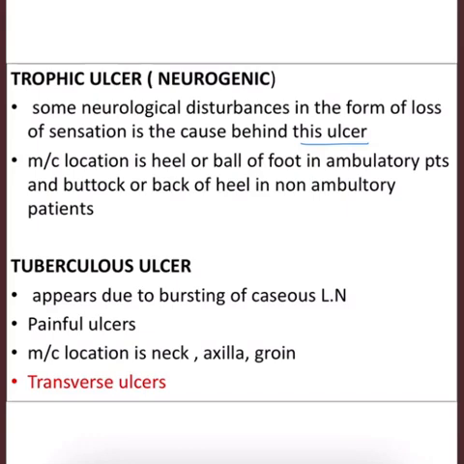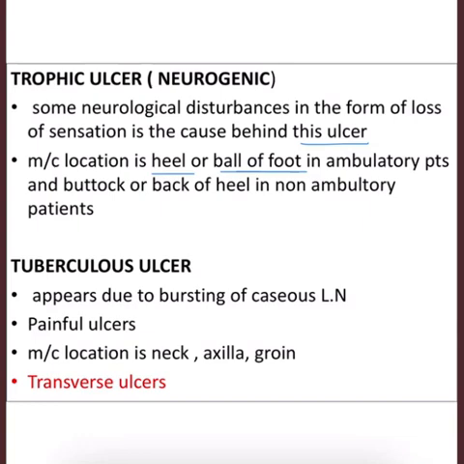Mostly seen in pressure areas like the heel and the ball of the great toe in ambulatory patients. In non-ambulatory patients, who are completely lying down on the bed, the buttock area and heel area are the pressure areas. It causes pressure ulcers or neurogenic ulcers.